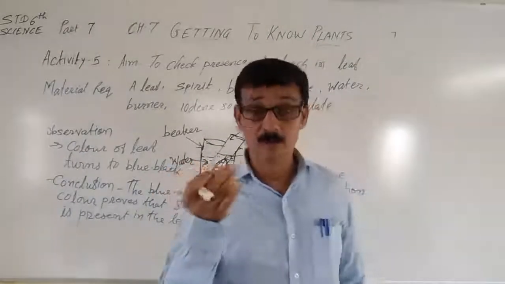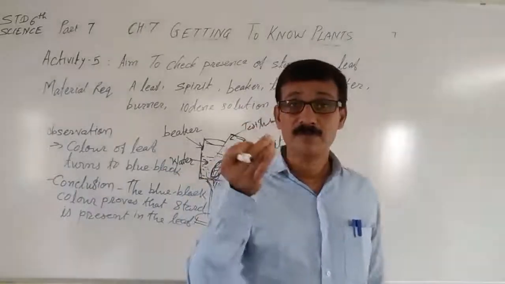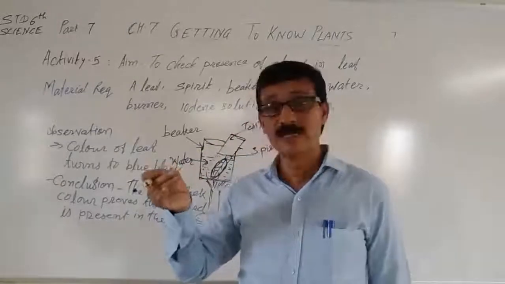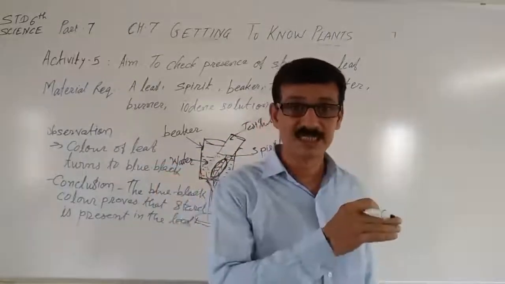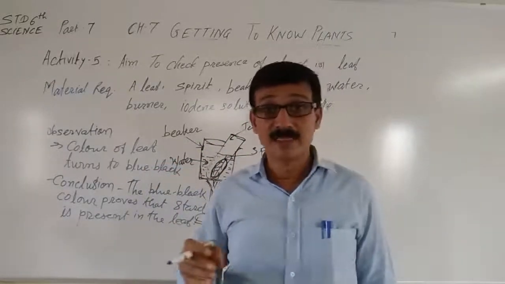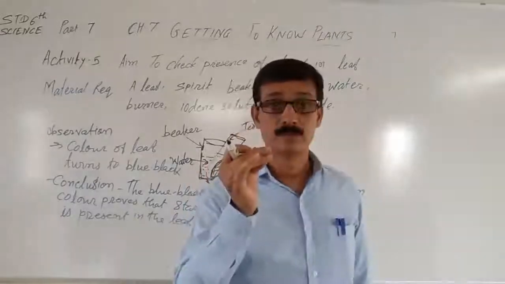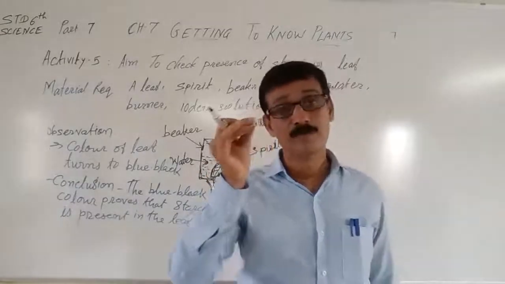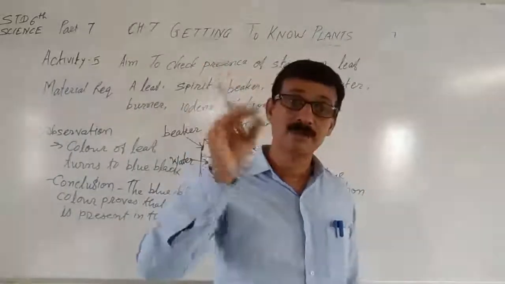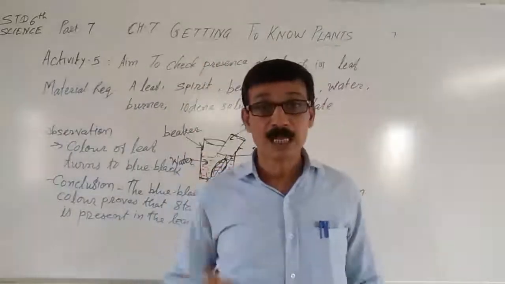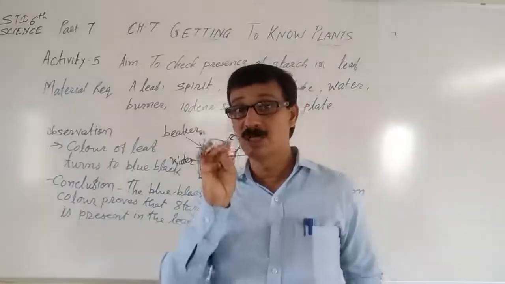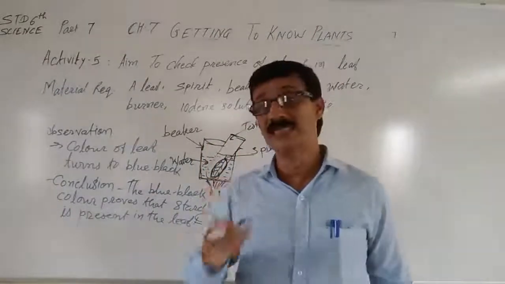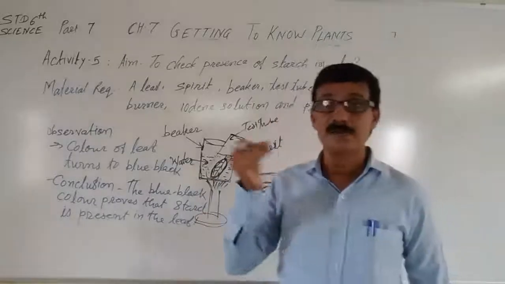With the help of water, leaves prepare food, and it is also required for transpiration. That is why water is sent from the root to the leaves via the stem. So now we must understand the role of the root. We will discuss this in the next part.